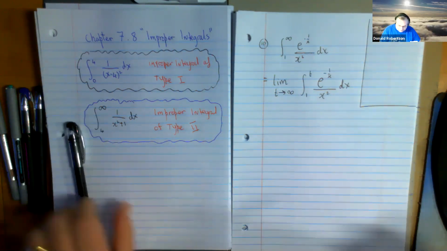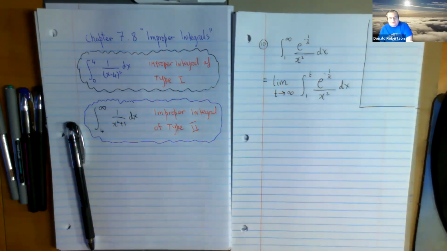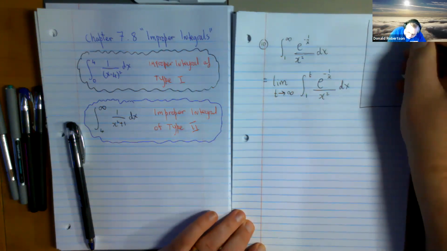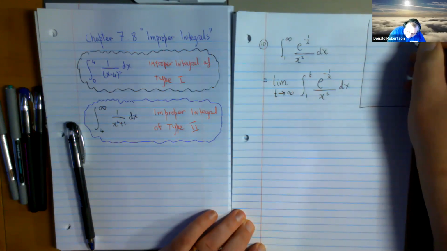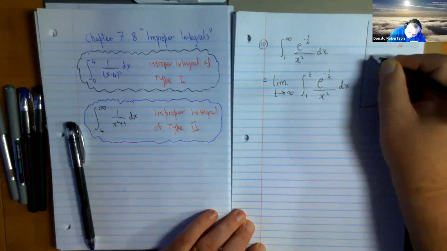U sub. Correct. And the u sub is a little bit tricky. What is it? -1/x. Yeah. Now for differentiation, I'll call that -x to the -1.